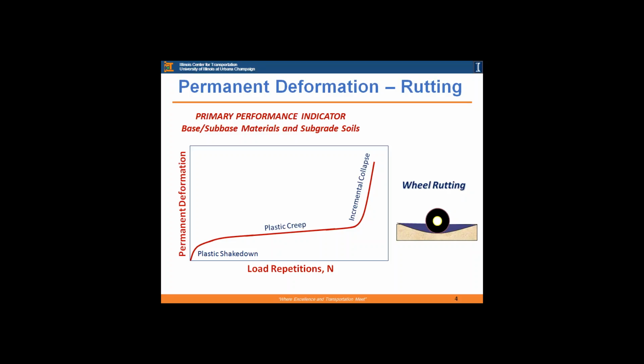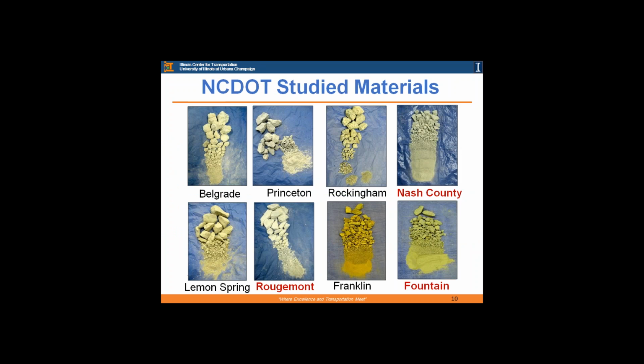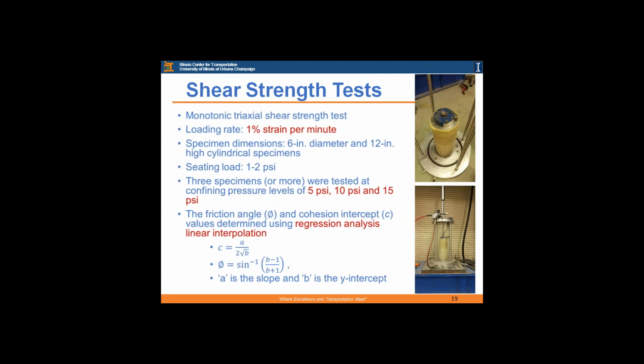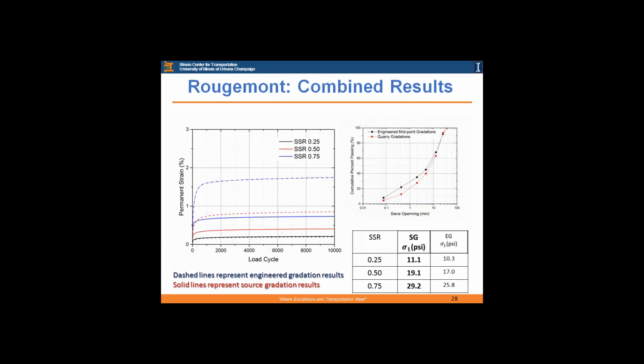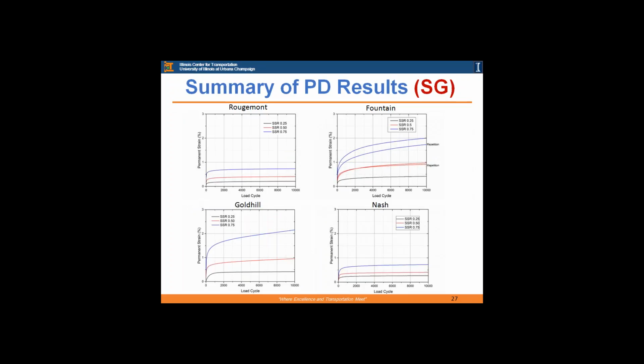Just trying to understand. Why do you think the stress ratio will be affected by changing the modulus, by having a stiff material? Well, this was shown, if you look closely at the permanent deformation results here. At a lower shear stress ratio, you have flatter curves. At higher shear stress ratios, you accelerate the permanent deformation.